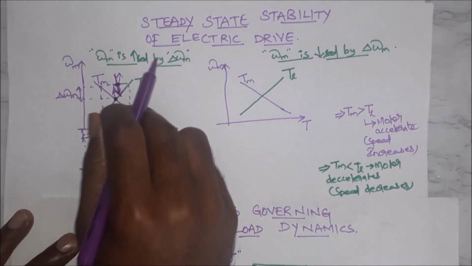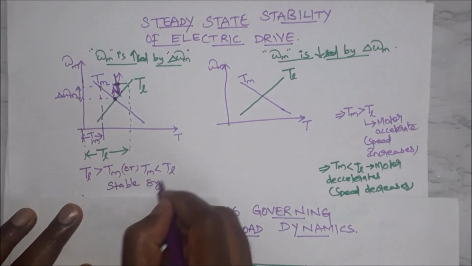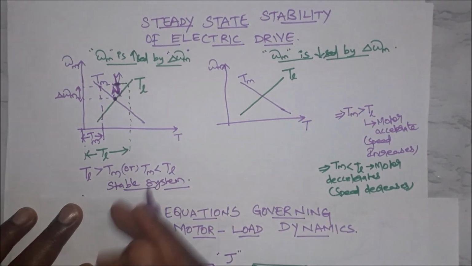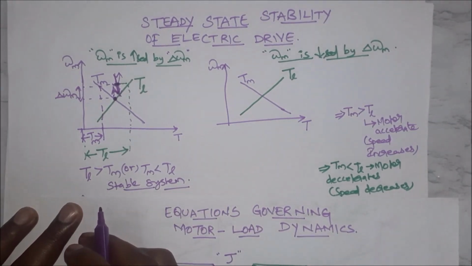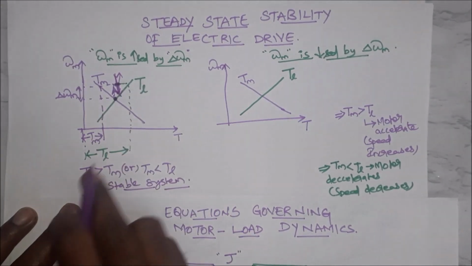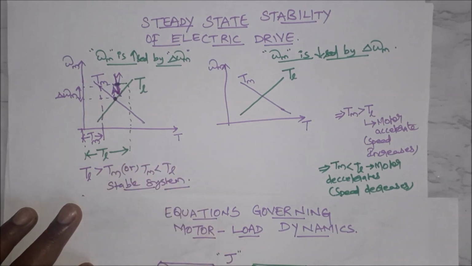Therefore this system is a stable system. Even if there is any disturbance like either increase in speed or decrease in speed, even then if your system is coming back to the original position, that is said to be steady state stable or stable system.